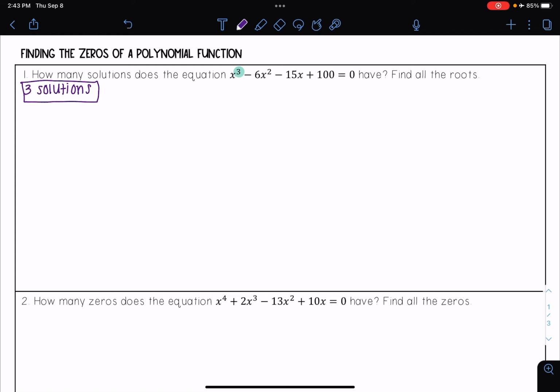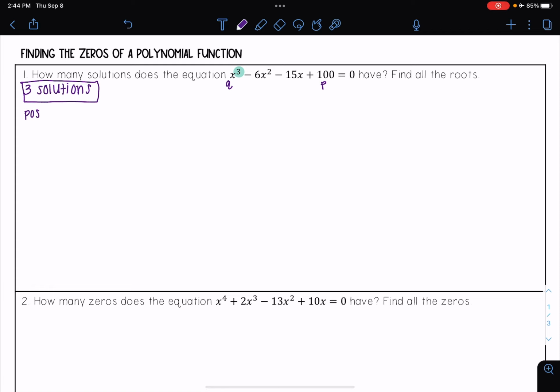To do that, I'm going to use what we talked about in our previous lesson on rational roots. My p here is 100, my q here is 1. So looking at possible roots, it's just going to be the factors of 100.